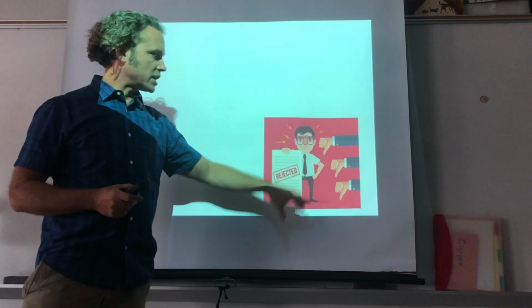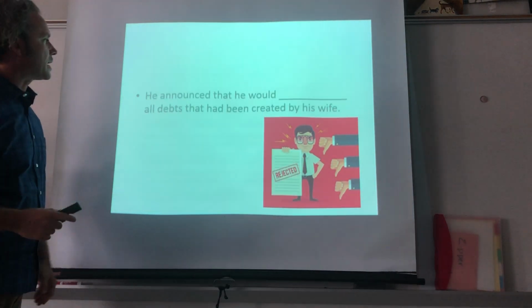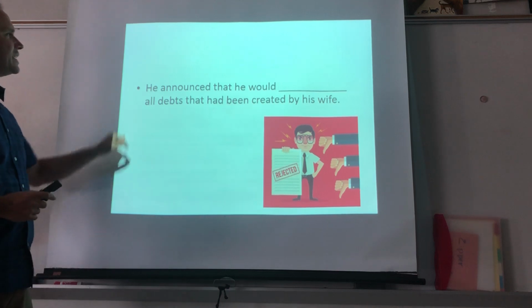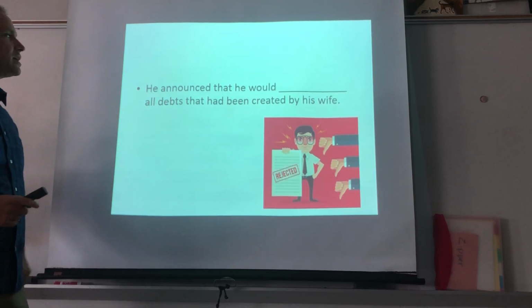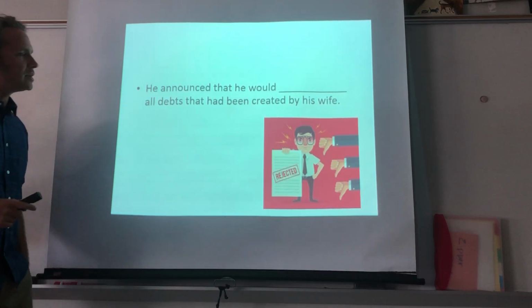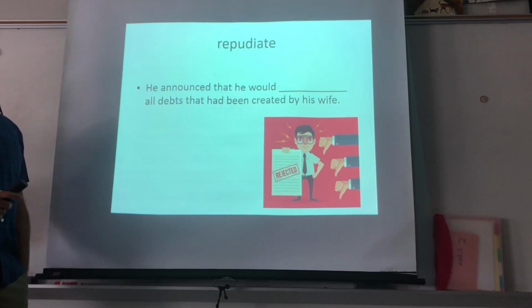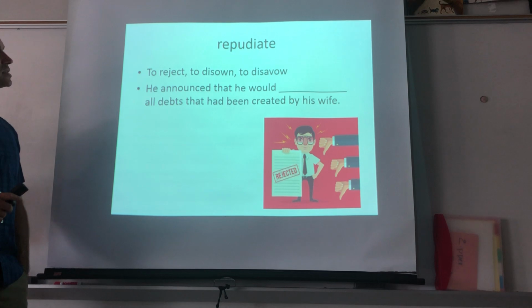Okay, you can tell there's a negative connotation to whatever this word is. He announced that he would blank all debts that had been created by his wife. He would repudiate, or to reject, to disown, or disavow, right? So make sure you get that down in your notes, to repudiate. There's also refudiate.